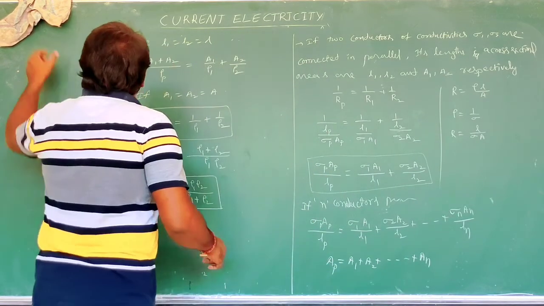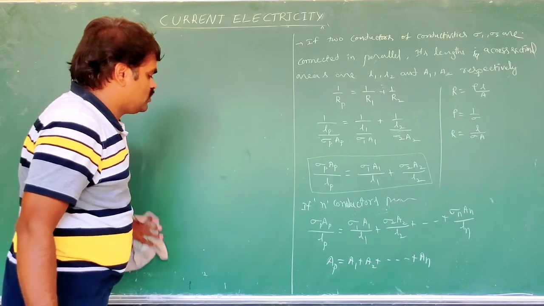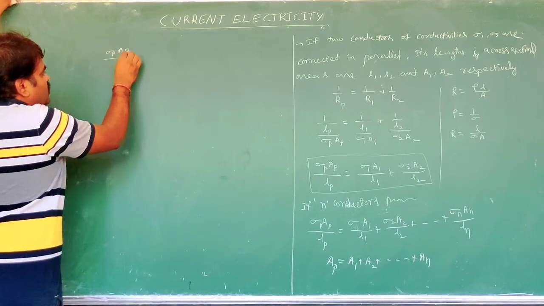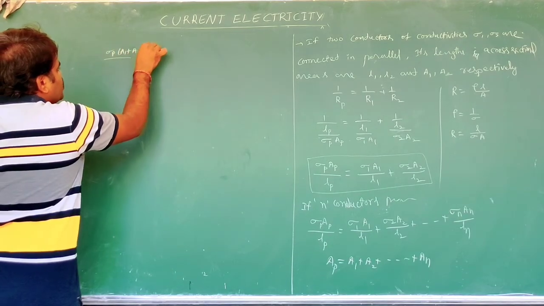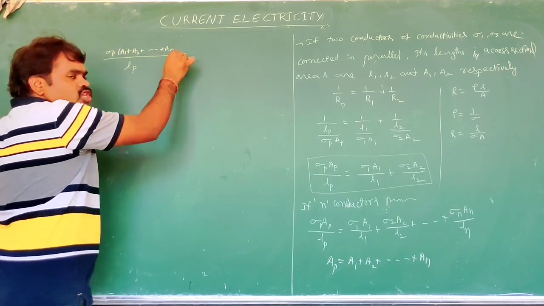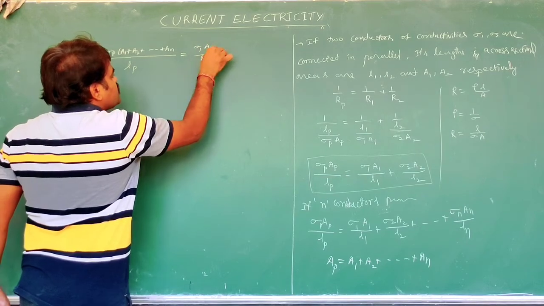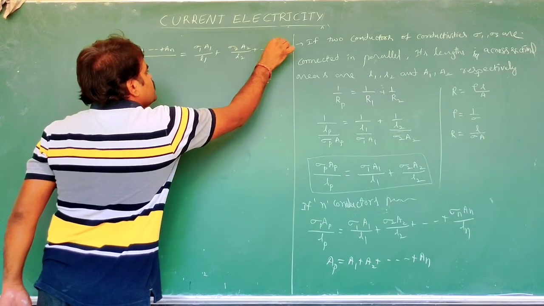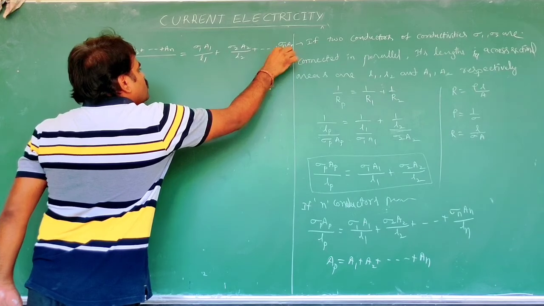Substituting, sigma P into (A1 plus A2 plus dash plus An) by LP is equal to sigma 1 A1 by L1 plus sigma 2 A2 by L2 plus dash plus sigma n An by Ln.